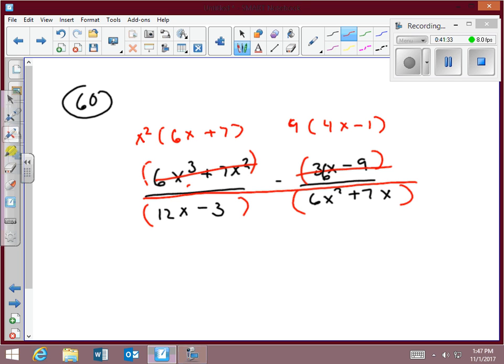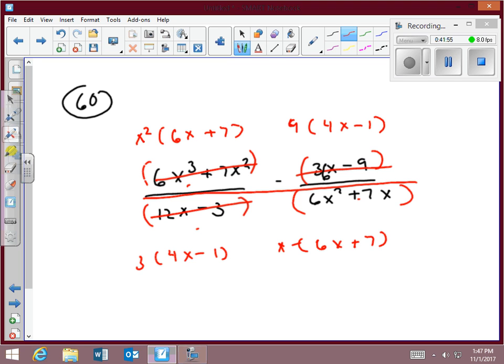Now do I have it right? This one down here, 3 comes out, right? And that's a 4x minus 1. And this one, an x comes out, doesn't it? An x times 6x plus 7.